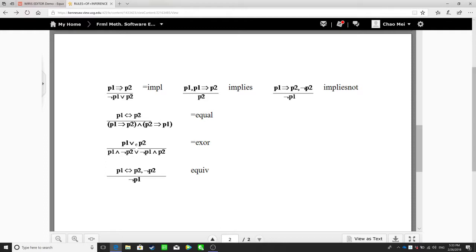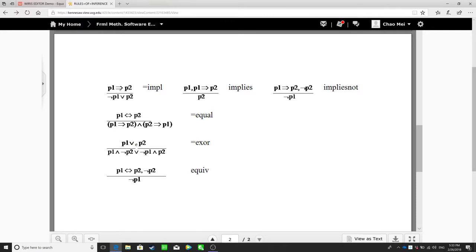If you have the second rule on the board, if you have P1, comma P1 implies P2, that's P2.